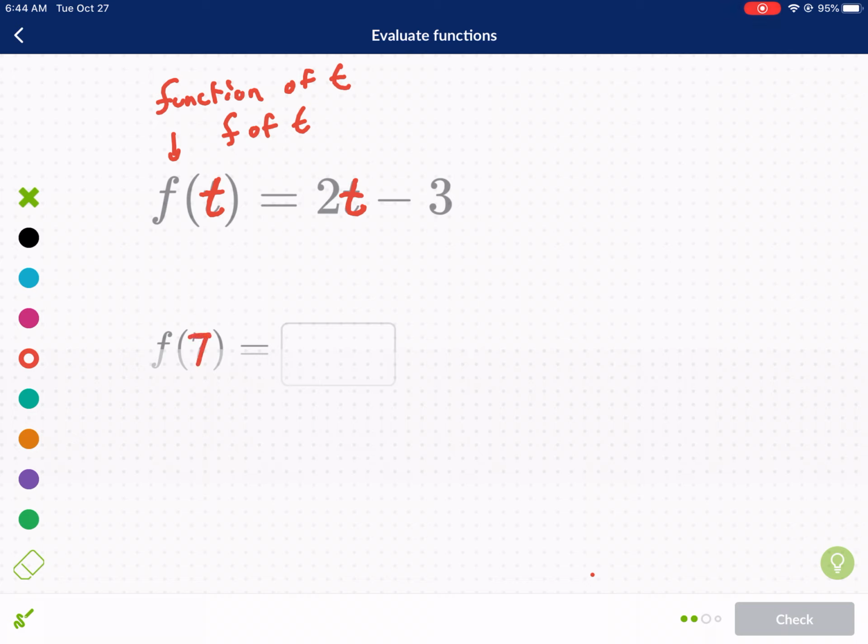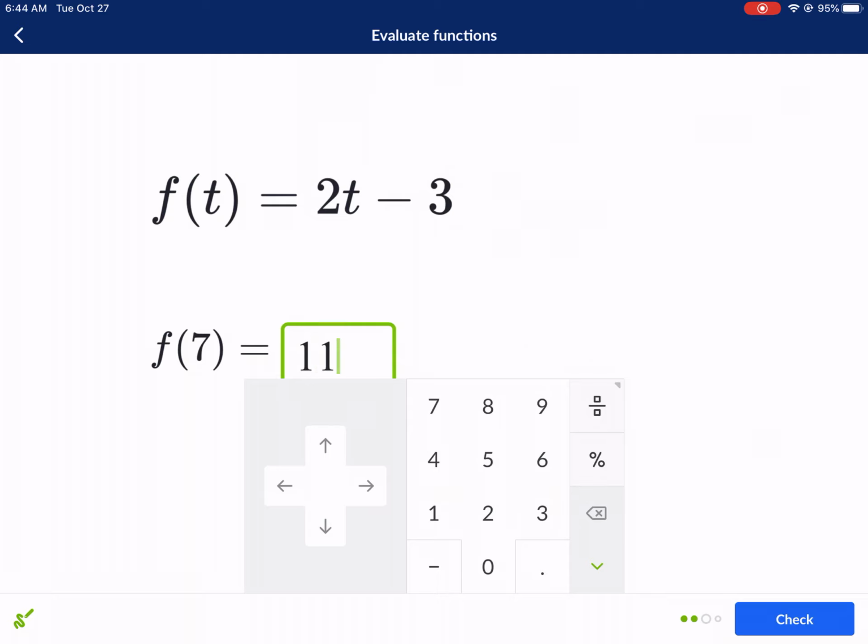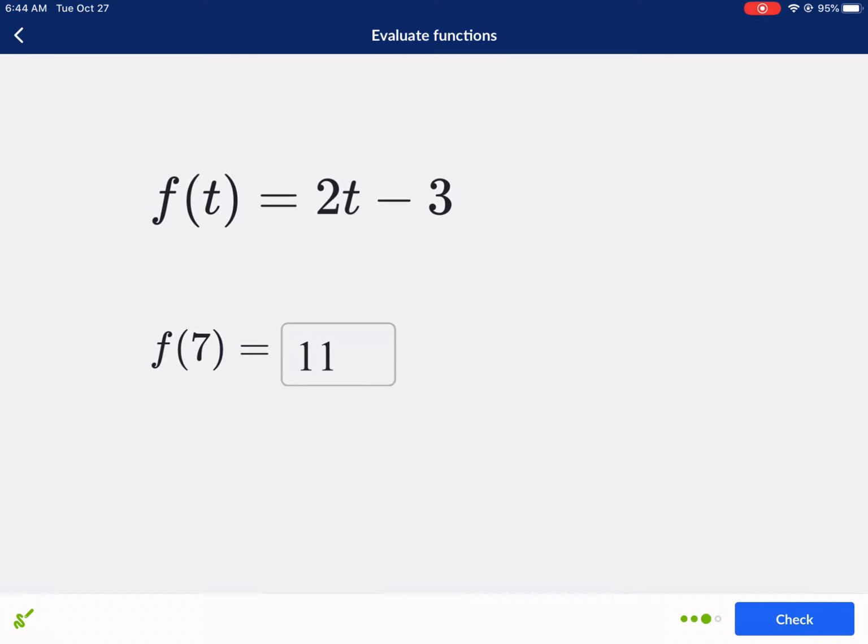We're going to plug in 7 for t, and we're going to rewrite this. So we're going to have 2 times, instead of writing t, we're going to write 7. So we get 14 minus 3, that equals 11. So we're going to type in 11. And that's the value of the function at 7.